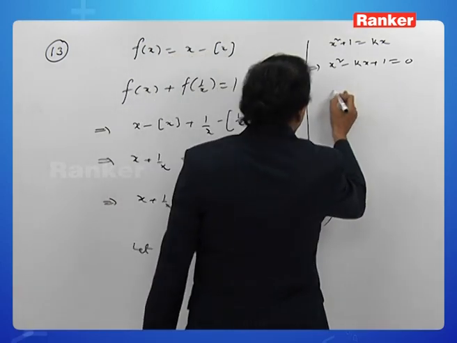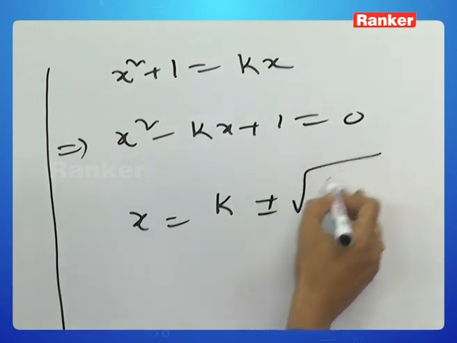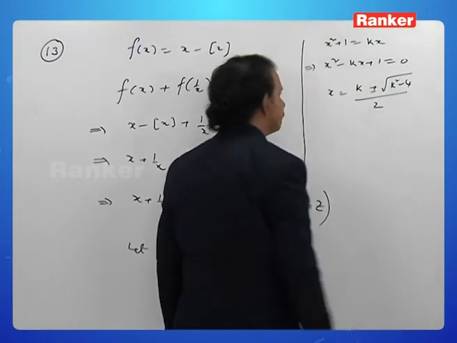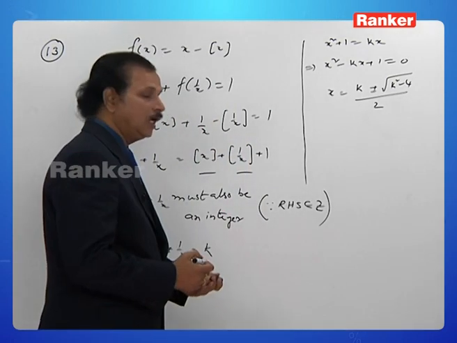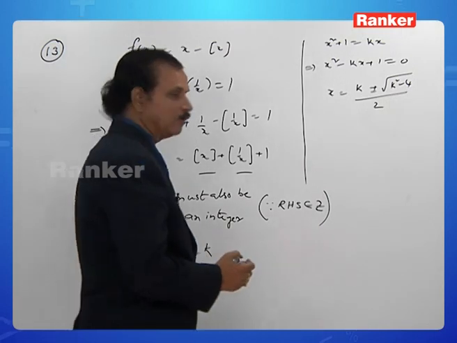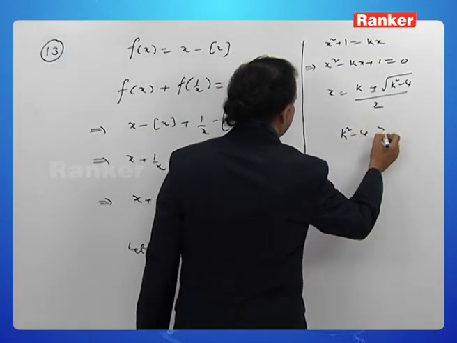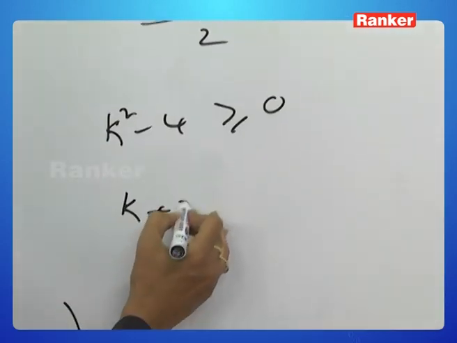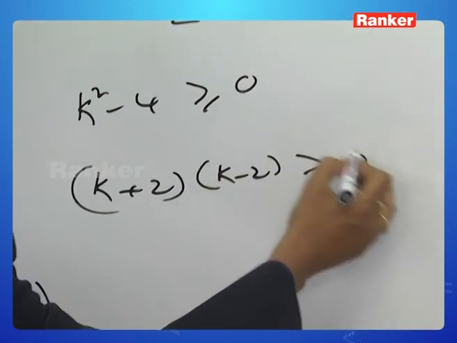From this, what is the value of x? Minus b plus or minus root of b square minus 4ac by 2a. x is real. Therefore, what must we have? k square minus 4 greater than or equal to 0. That is, k plus 2 into k minus 2 greater than or equal to 0.